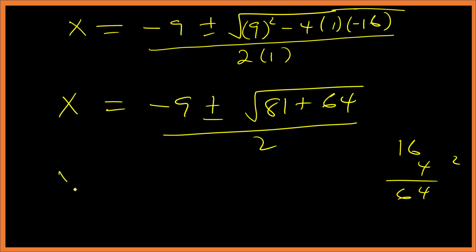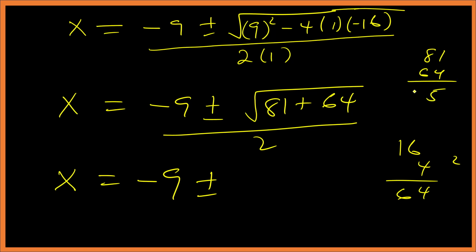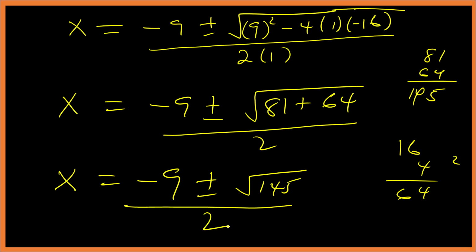So we have x equals minus 9 plus or minus, let's put them together, 81 plus 64, 145, on 2.